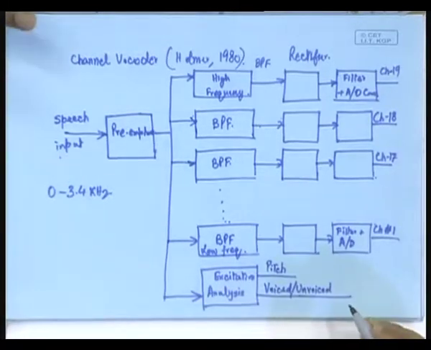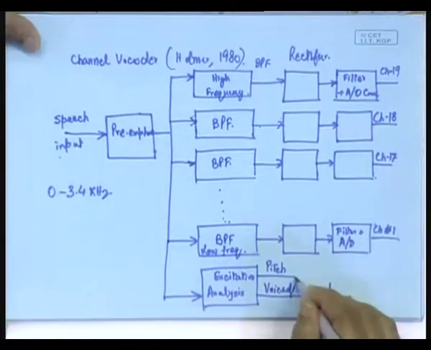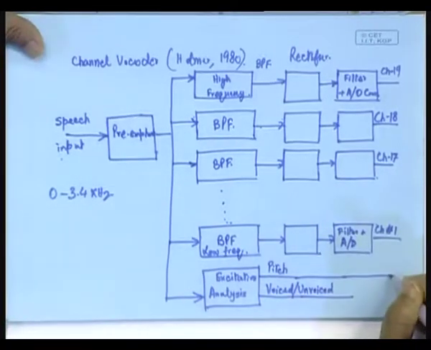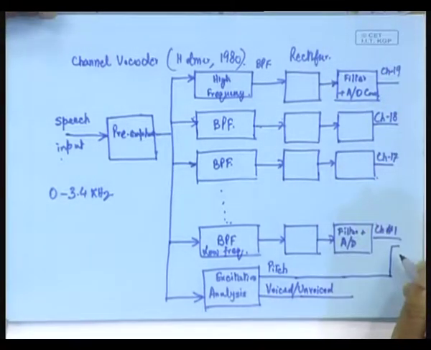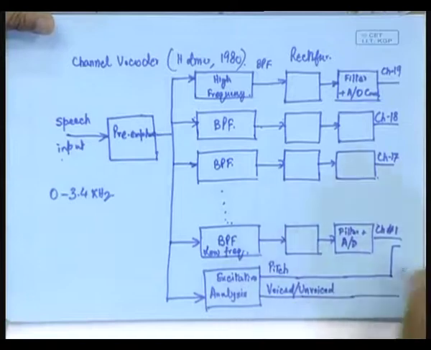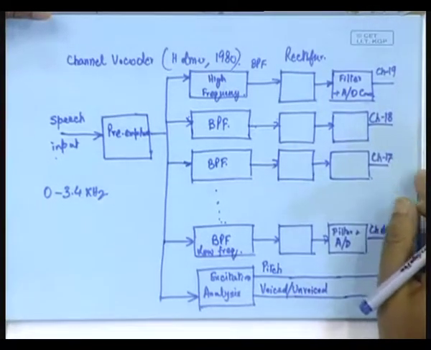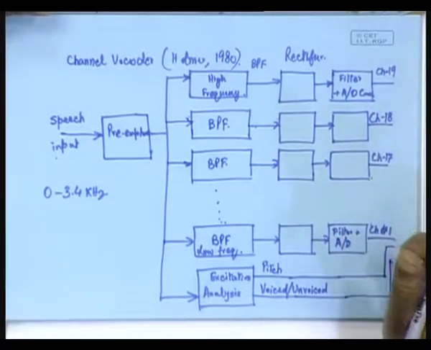It is a binary decision, either voiced or unvoiced, and accordingly all this information, that is, the 19 different filter bank outputs and this voiced unvoiced flag, everything together will be fed to the encoder.